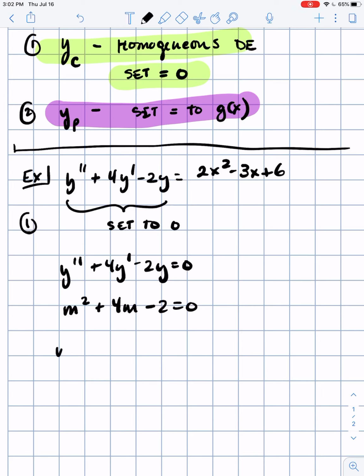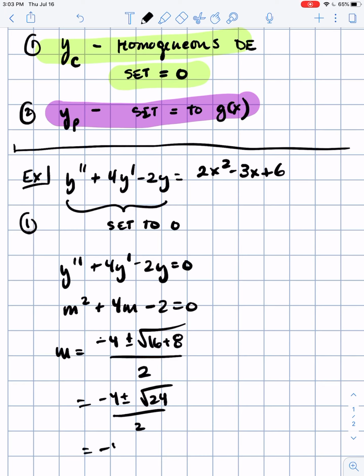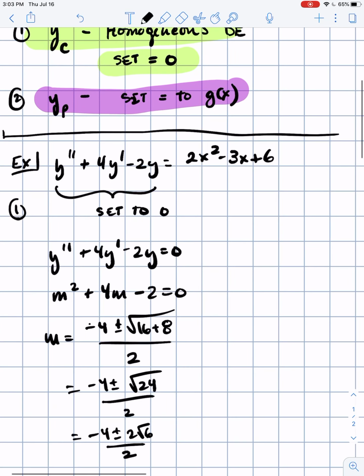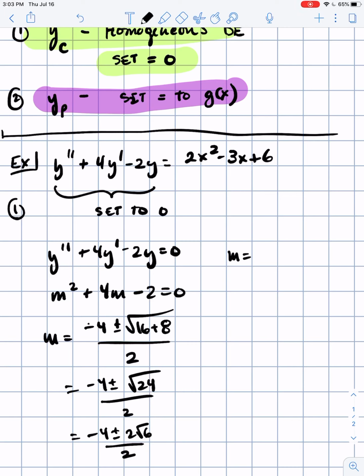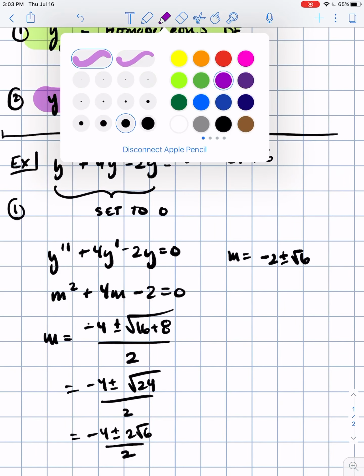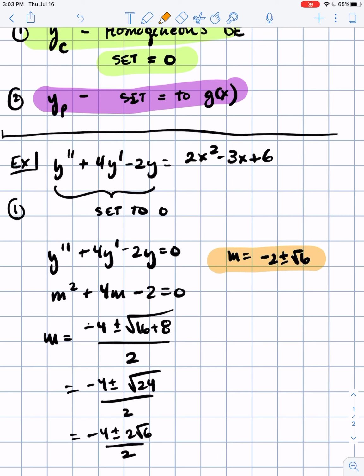And here we get m to be -2 plus or minus root 6. One thing that I like about this question is, if you notice, there's no i in our answer.